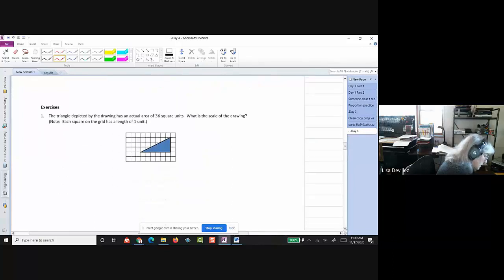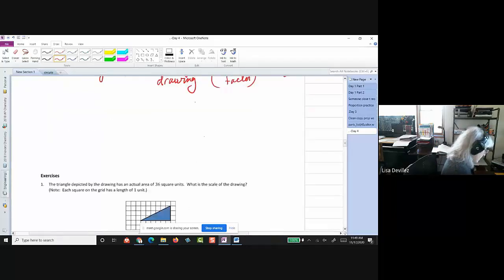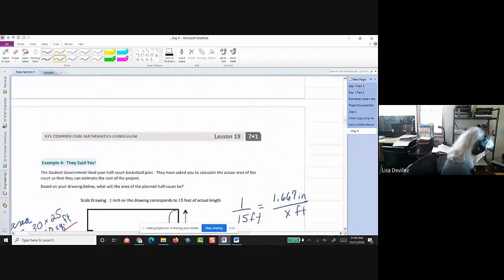Okay, so here, the triangle depicted by the drawing has an actual area of 36 square units. What is the scale of the drawing? Okay, and so here, like what we were doing, let me go back up to that from before.